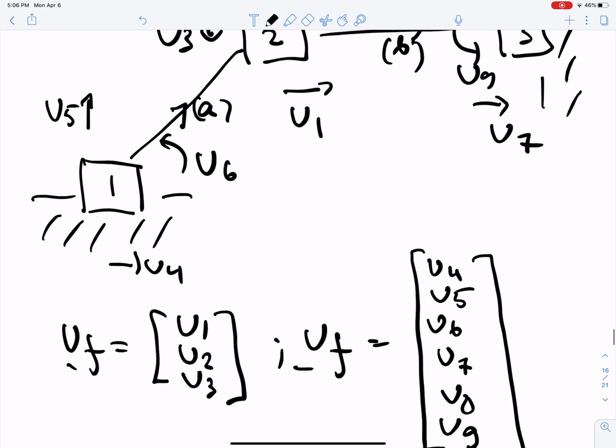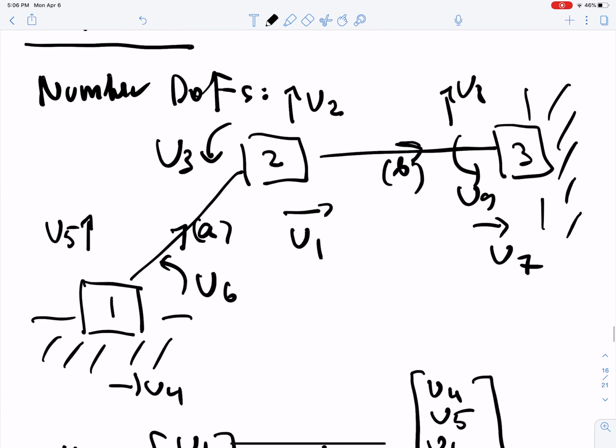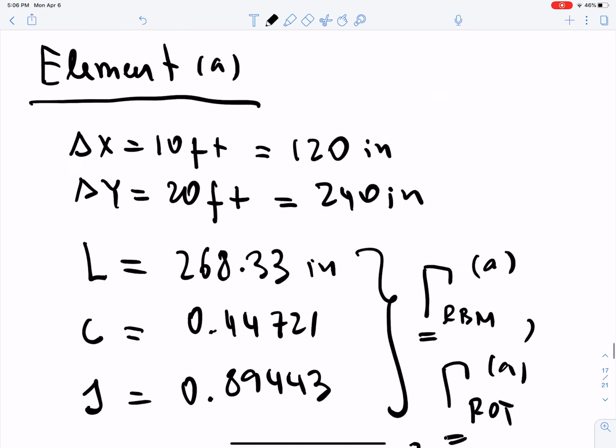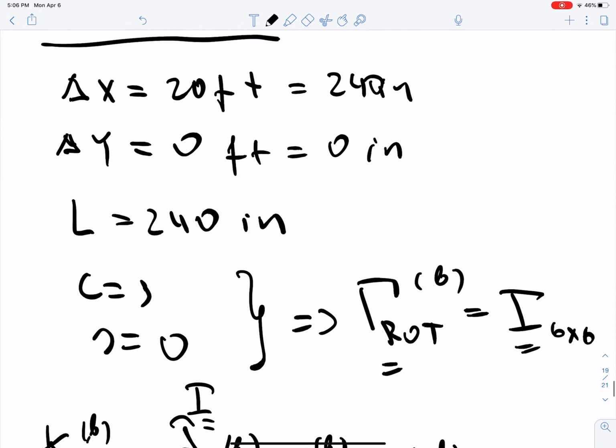this is our element B. Delta 1 points to U1, delta 2 to U2, delta 3 to U3. Delta 4, 5, and 6 point to nothing because at node 3 there are no free degrees of freedom.